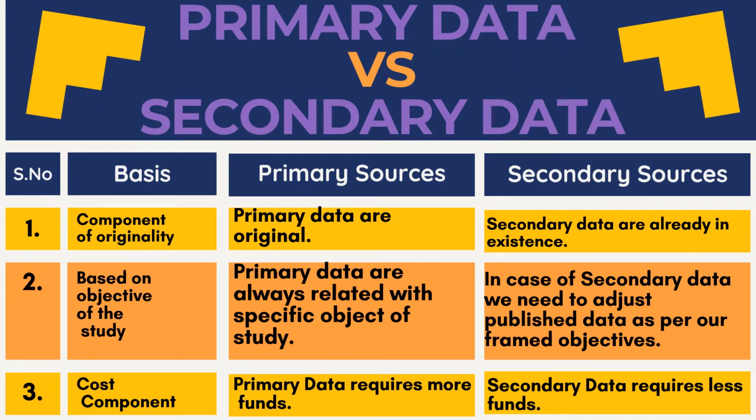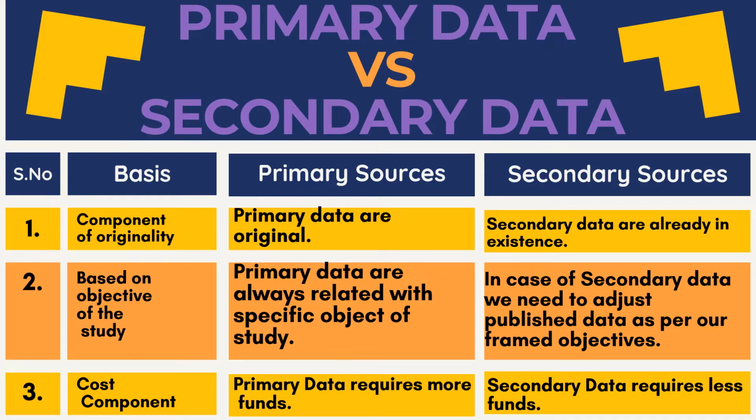Now the main thing here is that the differentiation between primary data and secondary data is very important. If we look at the first point, we can differentiate between primary sources and secondary source data on the basis of the component of originality, which means how much originality there is between them.